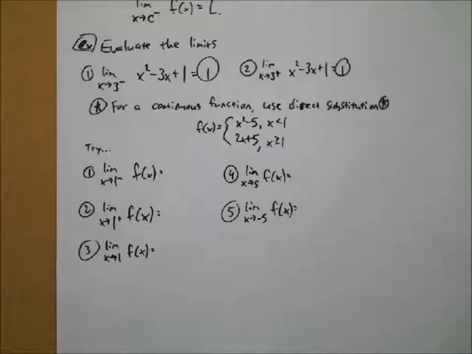So this was 10. And then the second equation says x is greater than or equal to 1 for 2x plus 5, 2 plus 5 is that. And then negative 5 is less than 1, so plug in the first one.